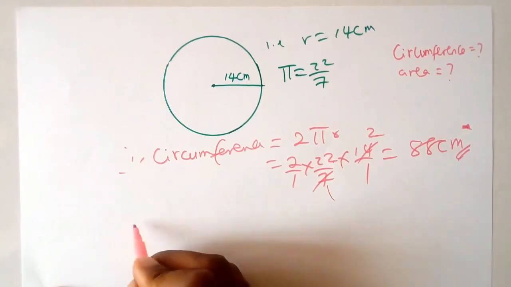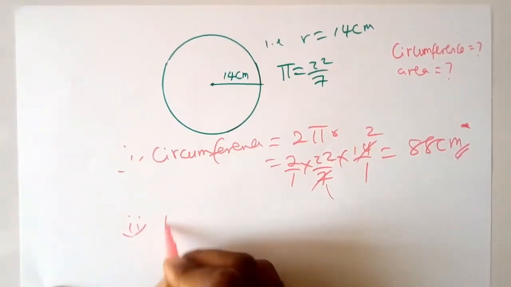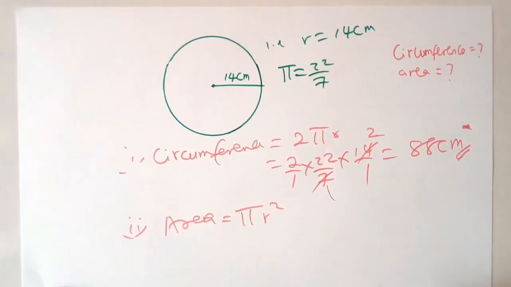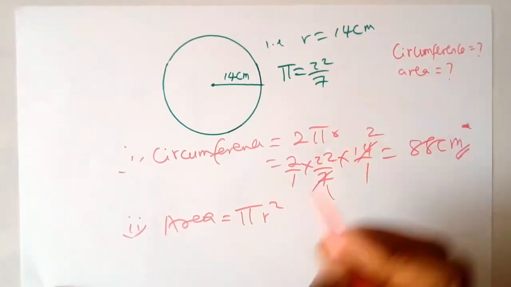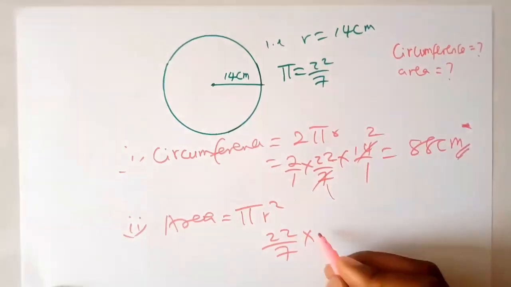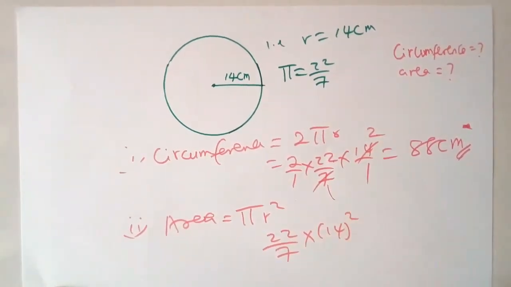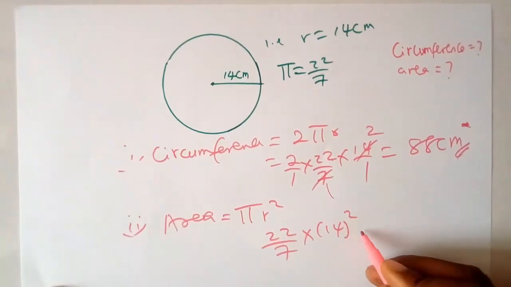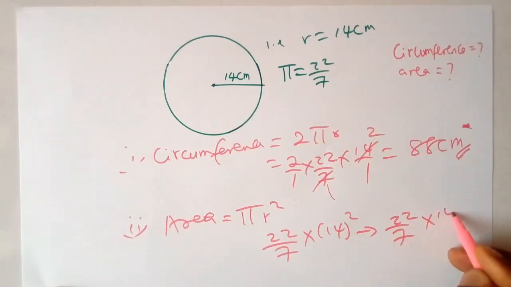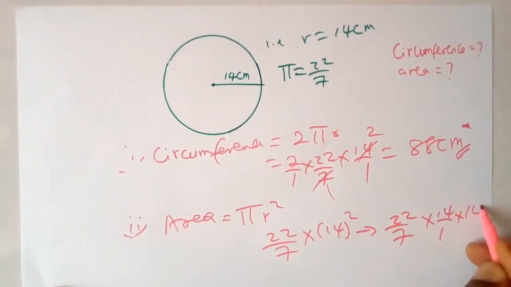Then the area of this circle is pi r square. Area of a circle is pi r square, and pi is 22/7, and the radius is 14. That means 14 square. We can break it down into 22/7 times 14/1 times 14/1.